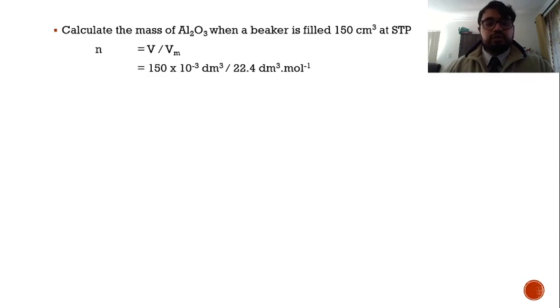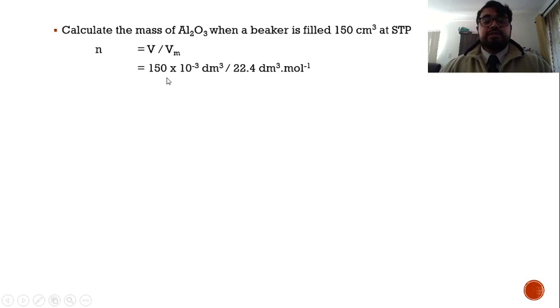Now we have our volume, which is 150 times 10 to the minus 3, and this times 10 to the minus 3 represents dividing by 1,000, like I said before, to get our value in decimeter cube.